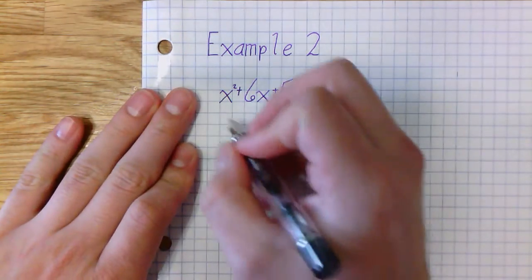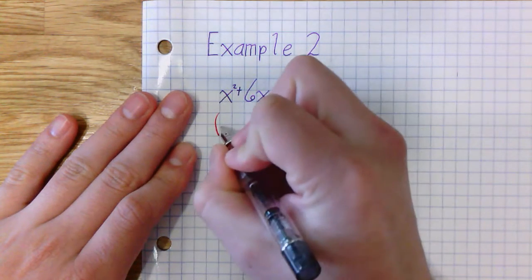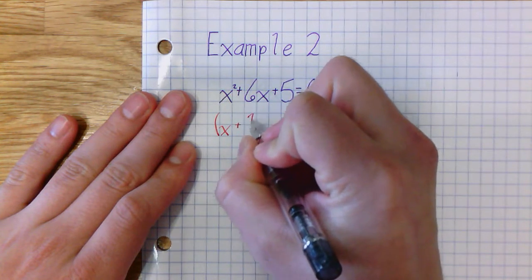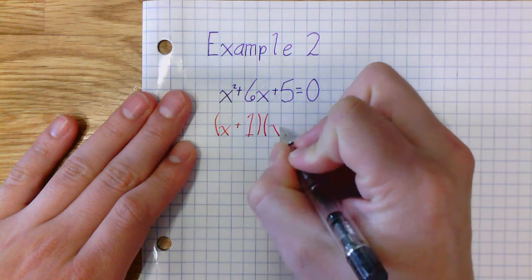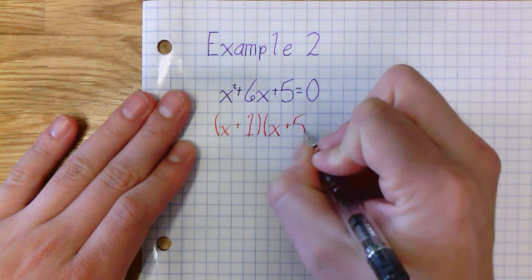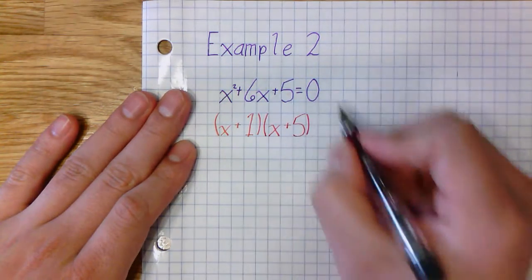So this is going to factor to x plus 1 times x plus 5. Okay, and now we didn't do anything with equals 0, so we bring it down.